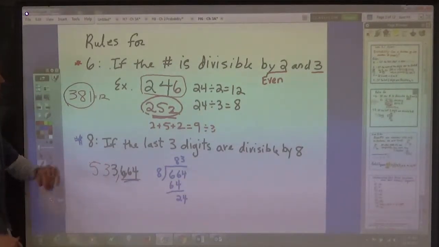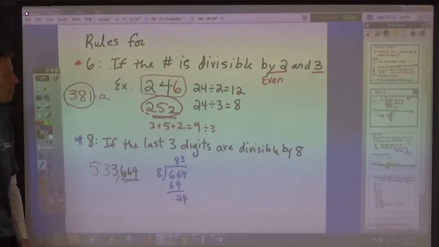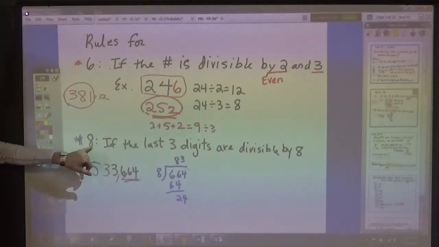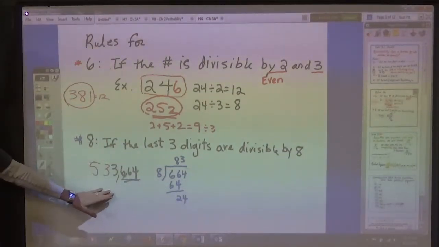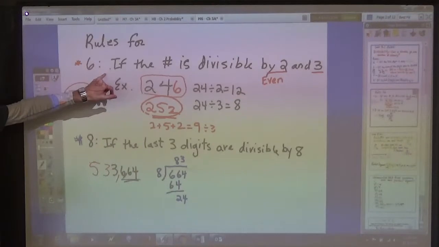Okay? And you also need the rule for 6. So if you want to, you could write the rule for 8 next to the rule for 4 because those are similar. And then the rule for 6.